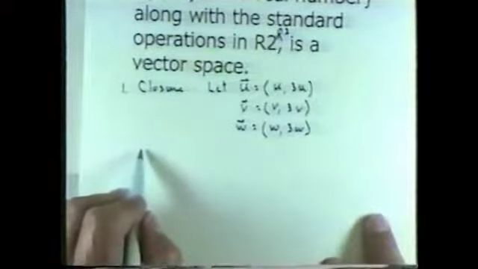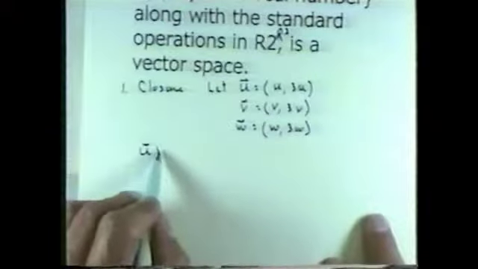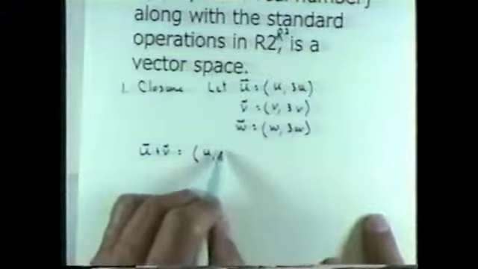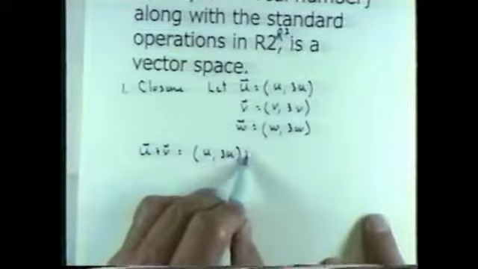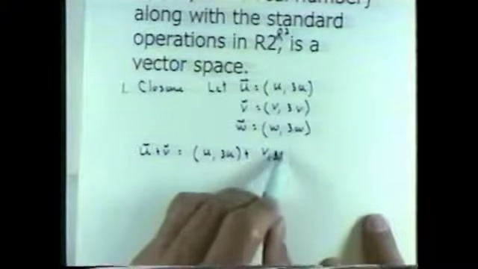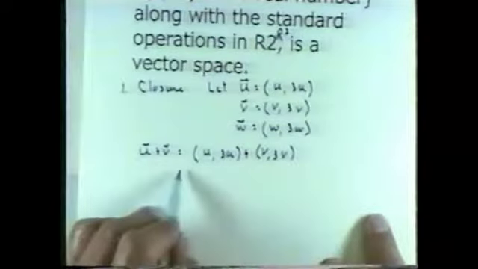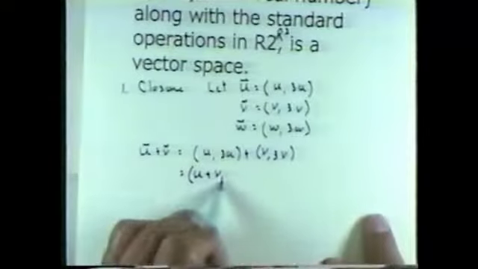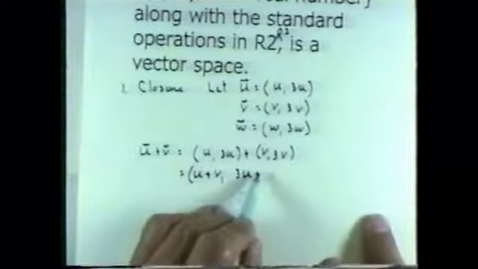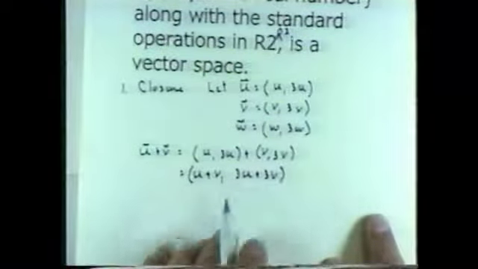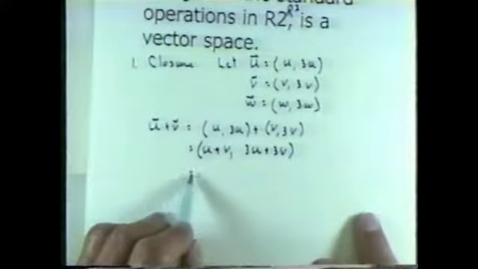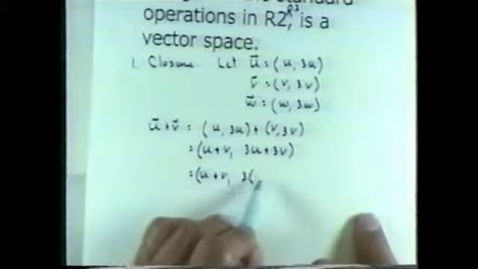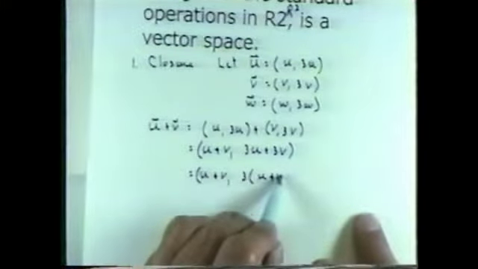Well, with closure, u plus v is equal to (u, 3u) plus (v, 3v), which is equal to (u plus v, 3u plus 3v), which is (u plus v, 3 times (u plus v)) when I factor out 3.